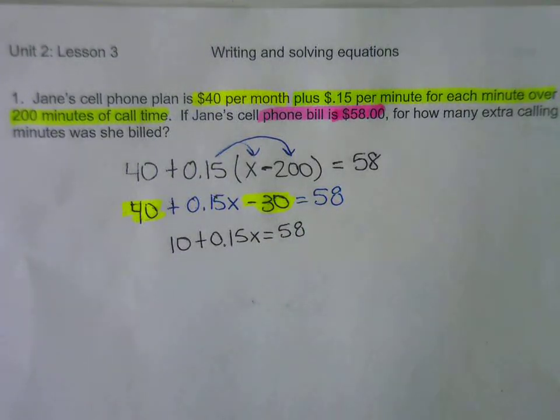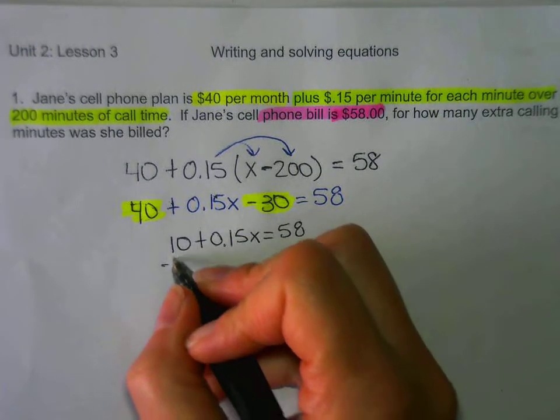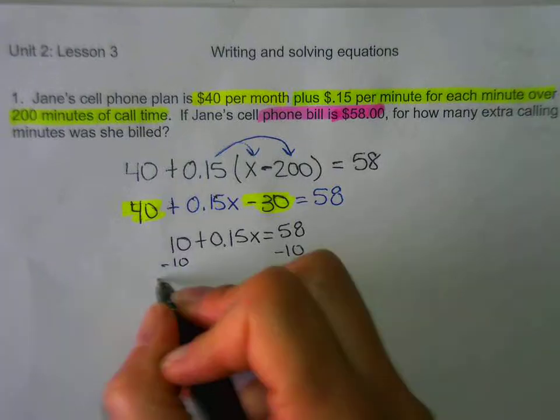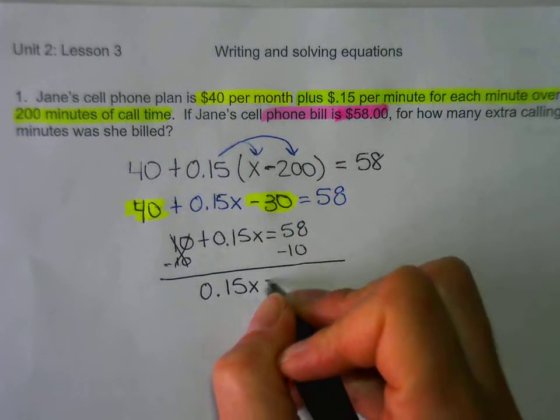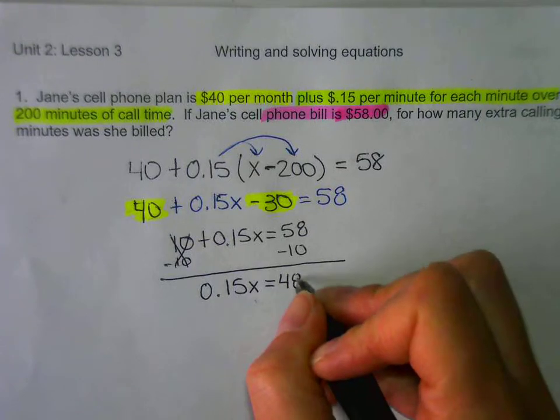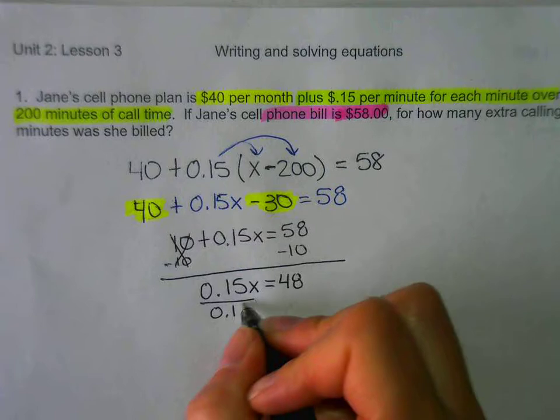So now I need to get my constants together. Two-step equation, so I'm going to subtract 10 from both sides. So I'm left with 15 cents times x equals 48. So now I'm down to a one-step equation where I divide both sides by my 15 cents.